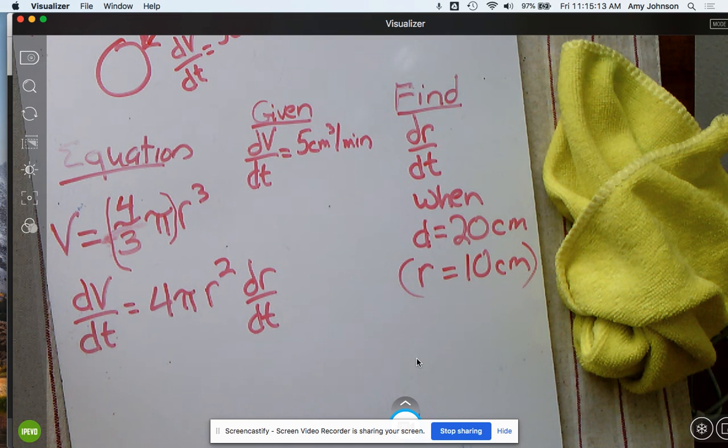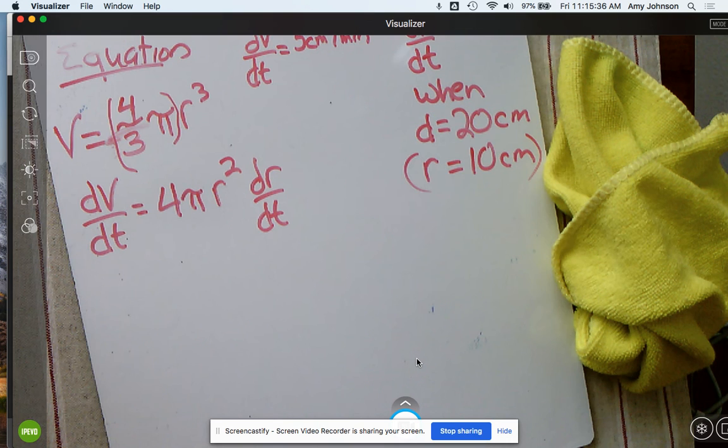Now, if you're lucky, you can plug in and solve once you have the derivative. They're not always this straightforward, but when they are, it's really nice. Because now we have everything we need, you would plug in the dV/dt.